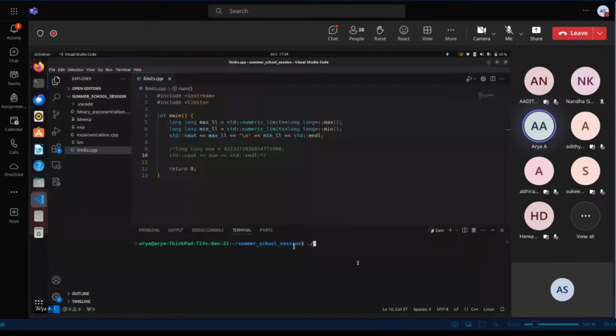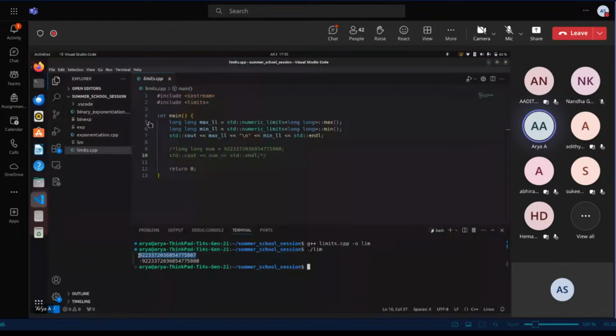I'm using the long data type because that's the common data type we'll be using to store large numbers. If I run this, you can see the minimum number that can be stored in the long data type, and this is the maximum number.